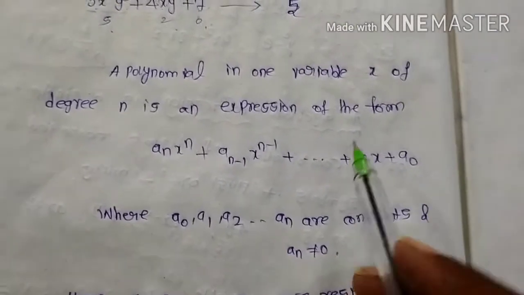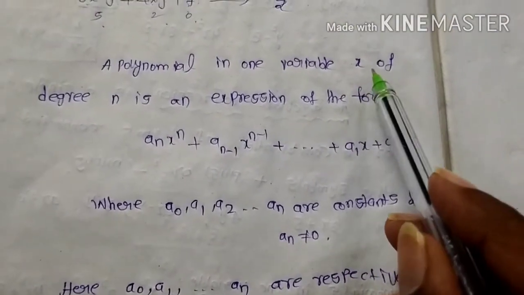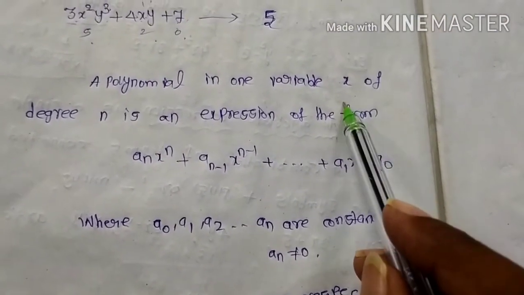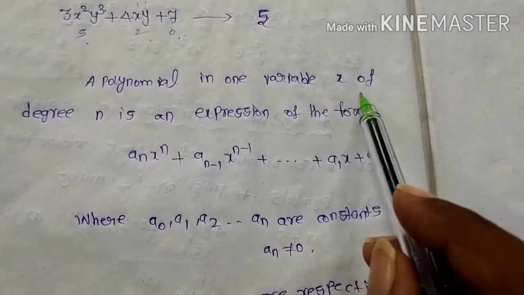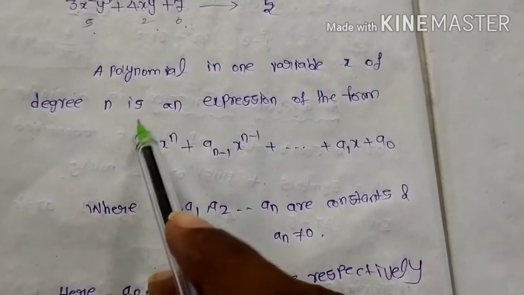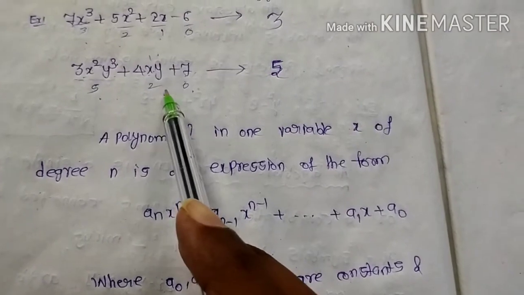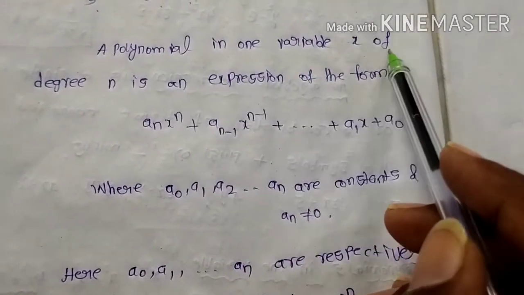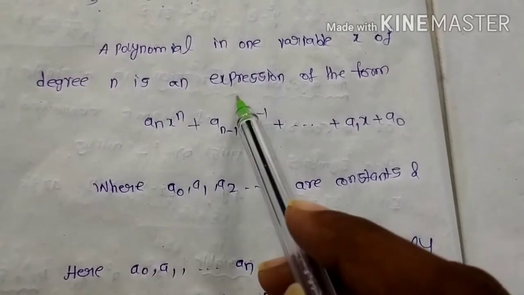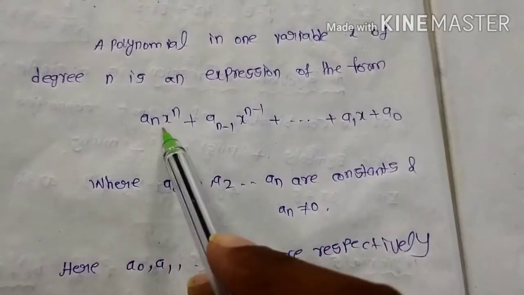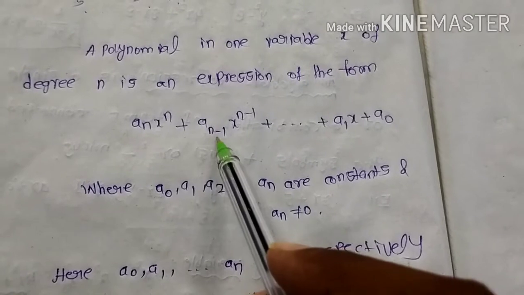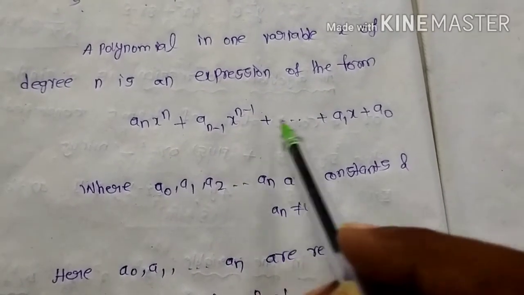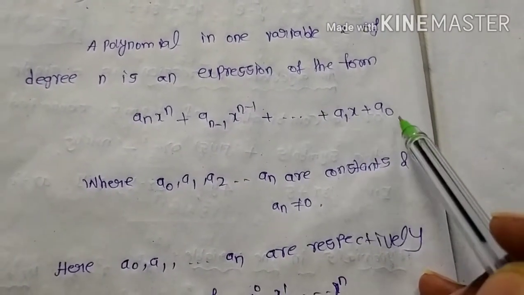Now you can see a polynomial in one variable x. I am taking a polynomial in one variable x of degree n. See, the earlier one was a polynomial in two variables. A polynomial in one variable x of degree n is an expression of the form a_n x to the power n plus a_(n-1) x to the power n minus 1 and so on, plus a1 x plus a0.